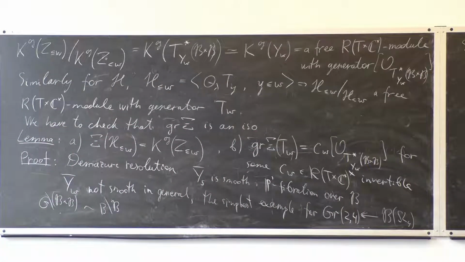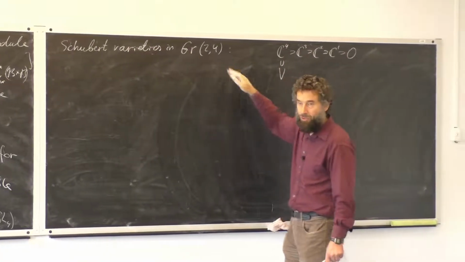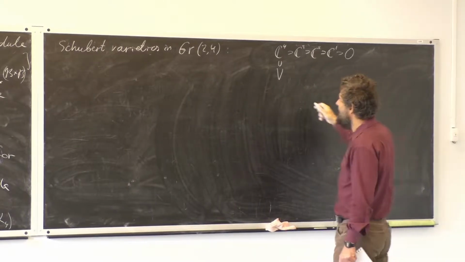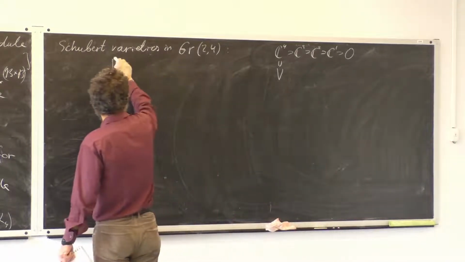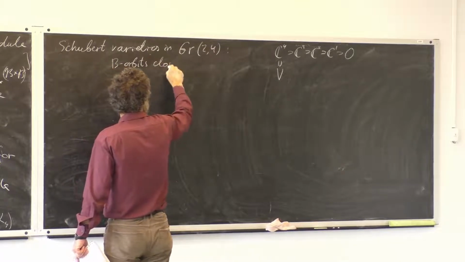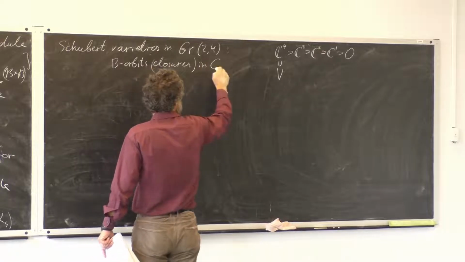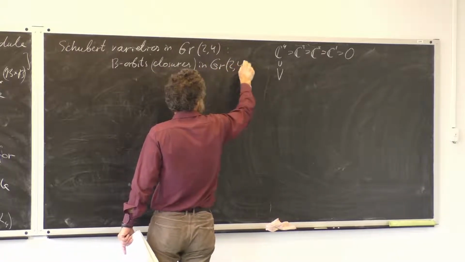So here I consider this more economical problem, where I have just one copy of Grassmannian, not two copies. But I consider B orbit closures in one copy of this Grassmannian.